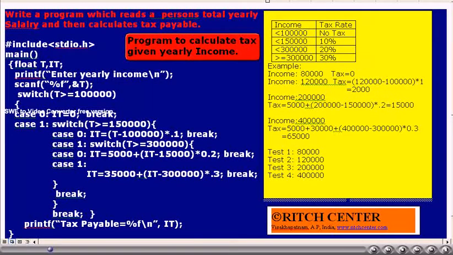For that 1.5 lakhs, 20% he has to pay, that is 30,000 rupees. Above 3 lakhs, how much does he have? 1 lakh. For that 30%, thus another 30,000 rupees. Thus his total tax payable is 65,000 rupees. Thus the calculations are supposed to be done as shown in the slide.